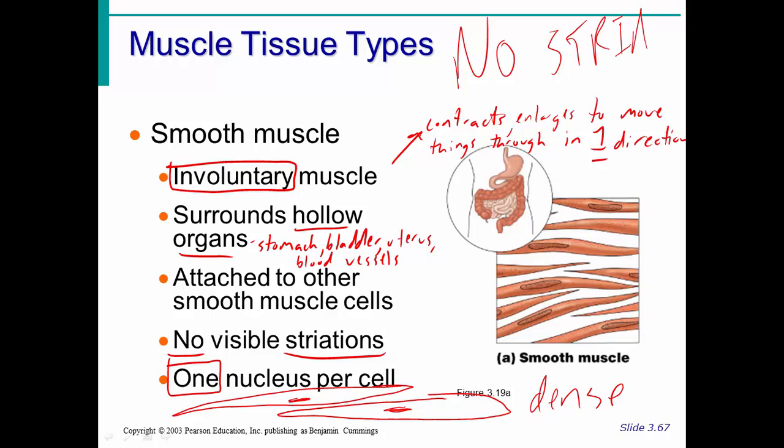Notice visually they look nothing like skeletal or cardiac muscle. Again, you might get it confused with dense. Notice how long these cells are. And the other thing that I always look for within this, really elongated oval nuclei. Versus everything else, remember, had like a pin dot nucleus or maybe a guitar pick shaped cell and a larger nucleus.